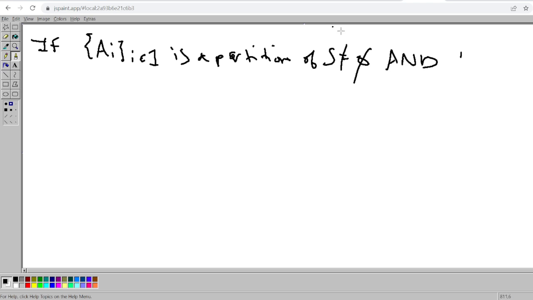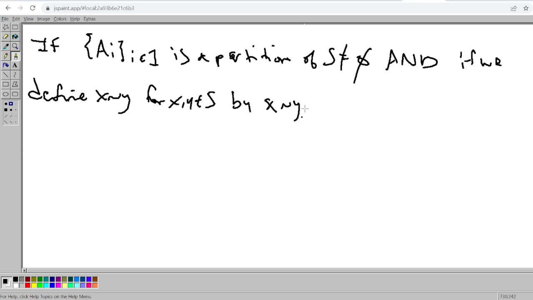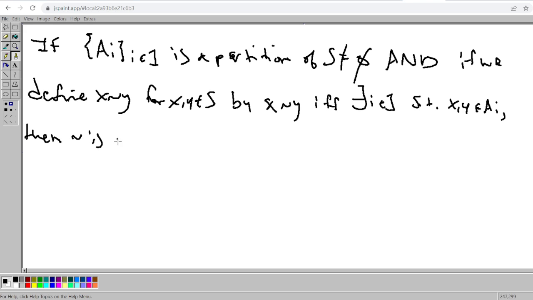And if we define x tilde y for x, y in S by x tilde y if and only if there exists an i such that x, y is in A_i, then tilde is an equivalence relation on S.